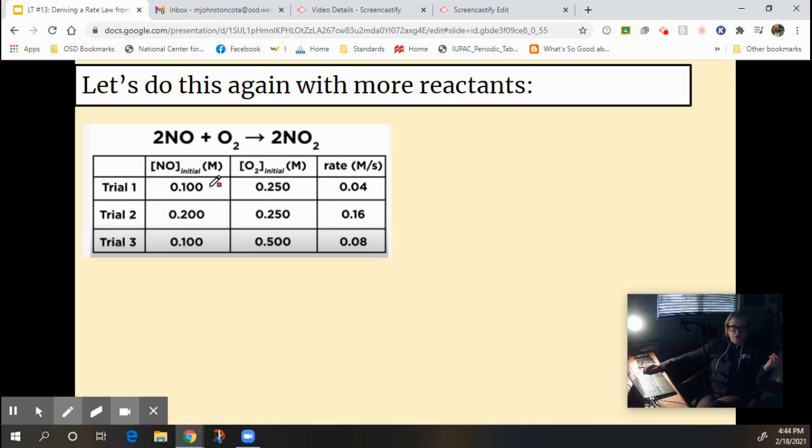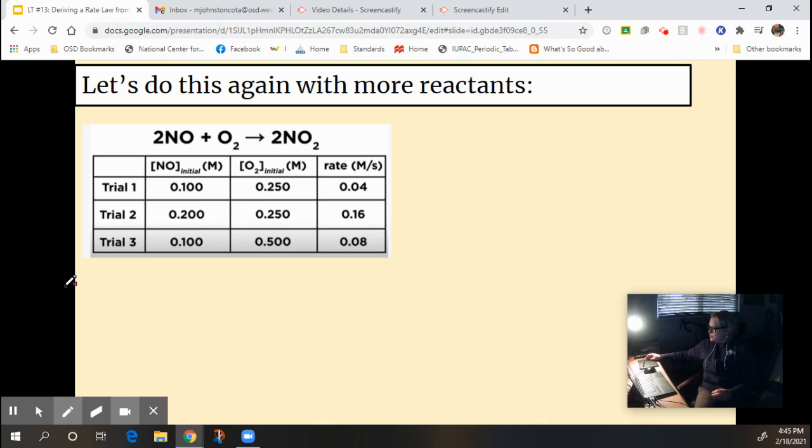And then if I look at trial 1 versus trial 3, I controlled the amount of NO and I manipulated the amount of O2. So when I do this, it'll enable me to find the experimental order for NO and the experimental order for O2. So let's see what we mean by that.